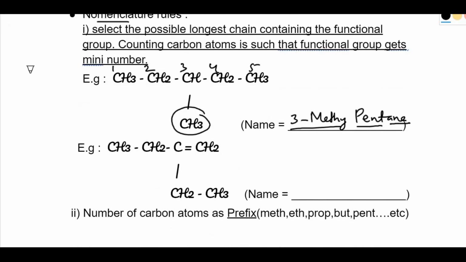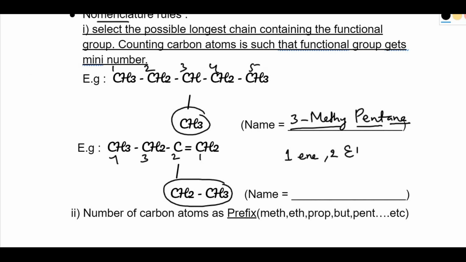Coming to the next one, what could be the name of this? You see, we have to number such that the functional group, the functional group holding carbon atom, gets the lowest number. So here the functional group is a double bond. 1, 2, 3, 4. So you can name it as a 1-ene. Okay, there are two ways of naming. Here this is ethyl.